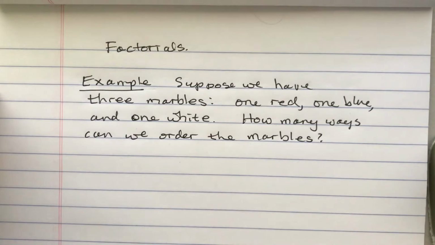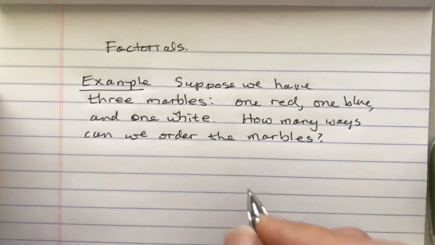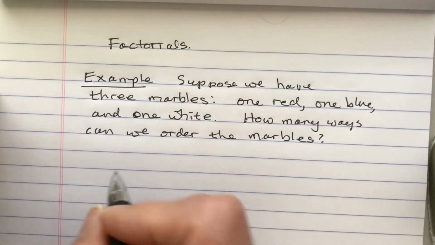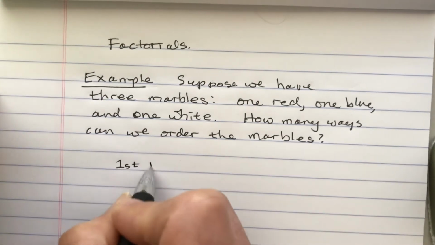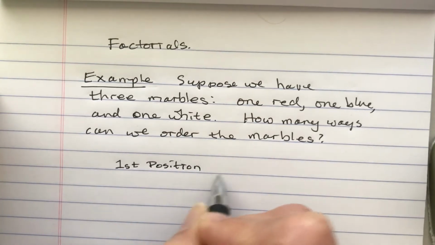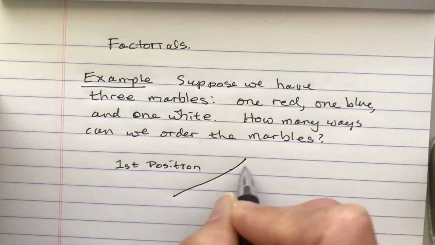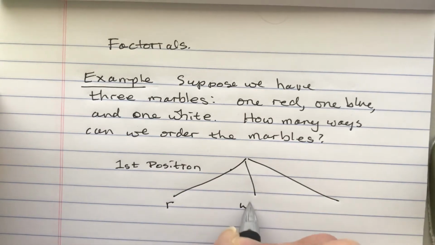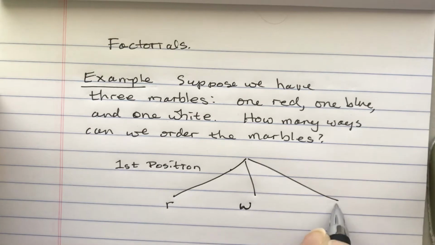Okay, so let's just look at what happens. You have the first position. So let's say starting left to right, in the first position you can put a red, a white, or a blue.